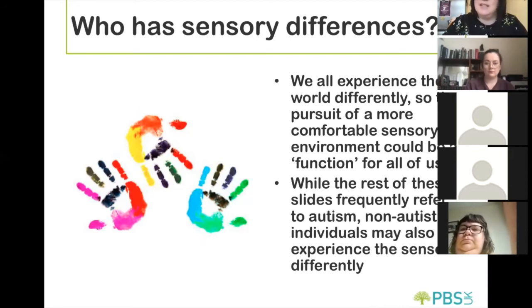While sensory differences are something we see very commonly in autistic individuals, and therefore they've been referenced a lot within the slides, it does apply to everybody you're supporting, who will have certain sensory preferences. So it's about not thinking, oh, they're not autistic, therefore this doesn't apply to them. That's not how we should be thinking. It could be relevant to everybody, what we're focusing on here.